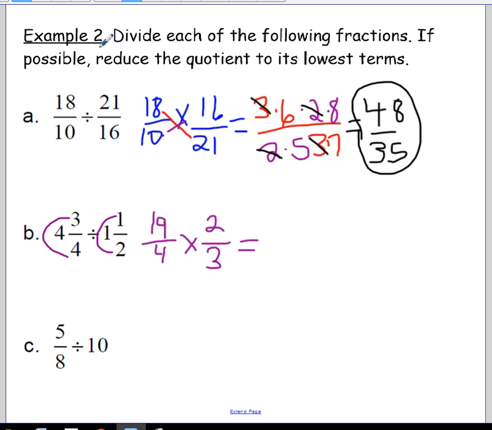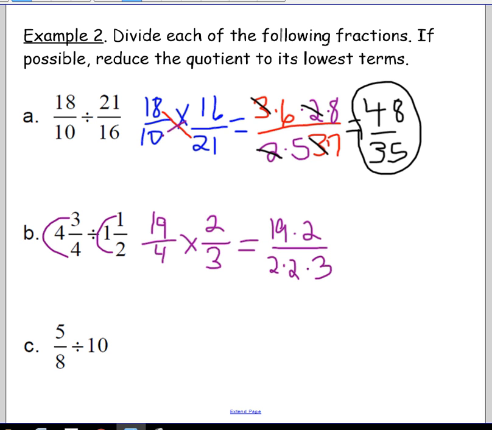So when we look at simplifying, 19 is prime. It can't break down any further. And 2 is prime, and it can't break down any further. But when we look at the denominator, 4, we know that that's 2 times 2, so let's write it that way since there's a 2 on the top. And then we have our 3 from our second fraction.